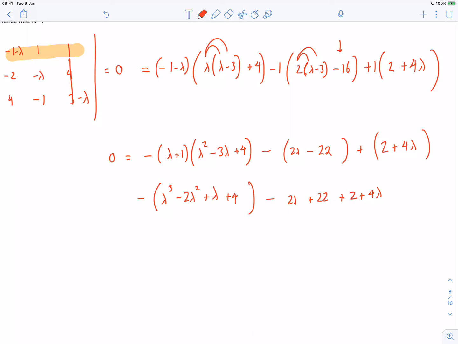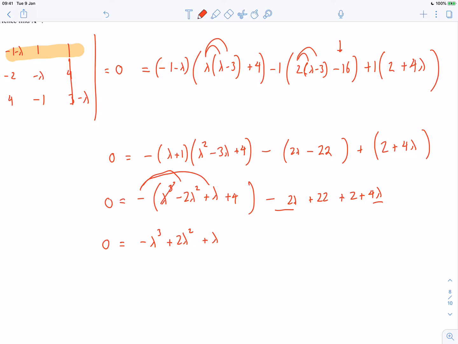If I tidy all this up, I'm going to have minus lambda cubed minus 2 lambda squared is plus 2 lambda squared. But then minus a lambda there is minus 1. So I've got a minus 1 lambda. I'm going to have a minus 2 lambda from here, so it's minus 2. And then I'll have a plus 4 lambda from the end one. So that's going to result in a positive plus lambda.